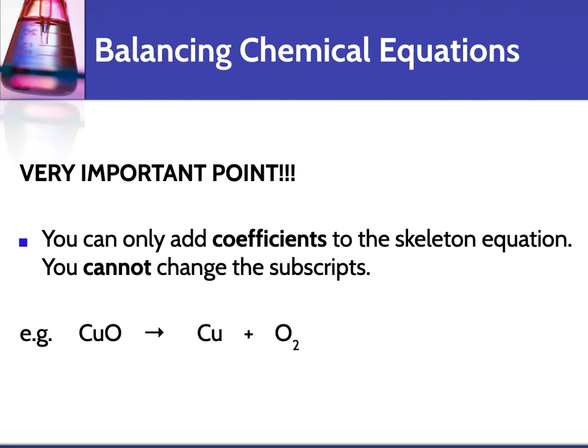You might be tempted to just add a little 2 there, because then it's balanced. But you can't do that because that's changing what the compound is. Instead, you have to put the 2 out in front. Then you'll notice that that also affects the copper, so we balance it by putting 2 copper over there. Now it's all balanced.